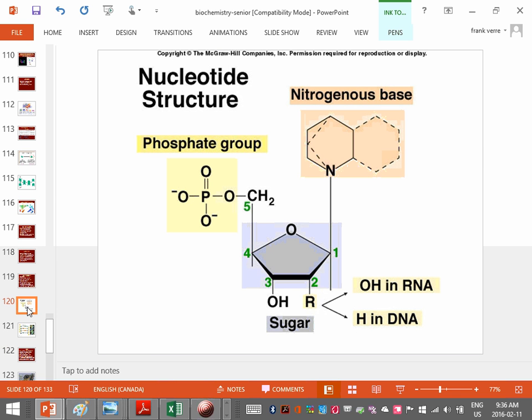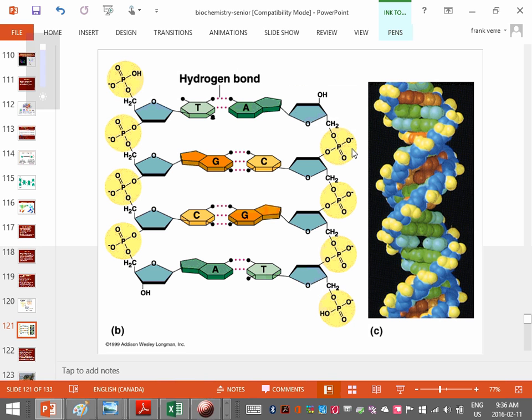So here is the basic building block of a nucleic acid. This is called a nucleotide. It's made up of 3 parts. It's made up of sugar, a carbohydrate, a phosphate group, and what's called a nitrogenous base. Okay? This is DNA. It's double-stranded.